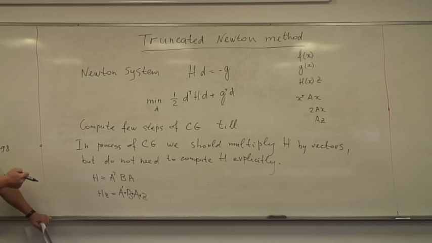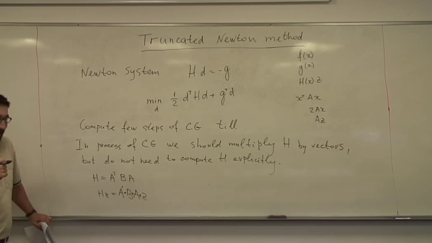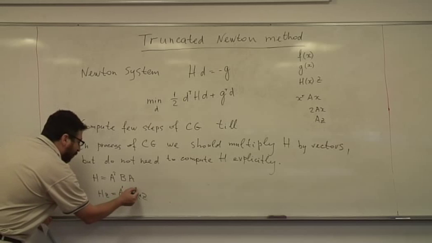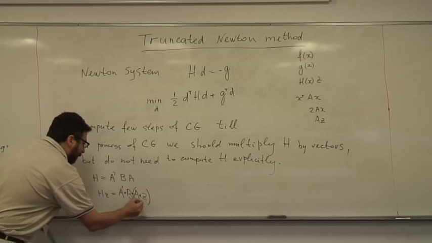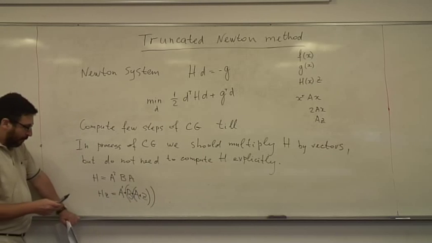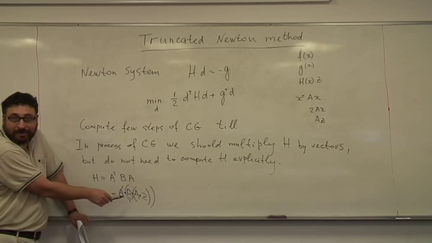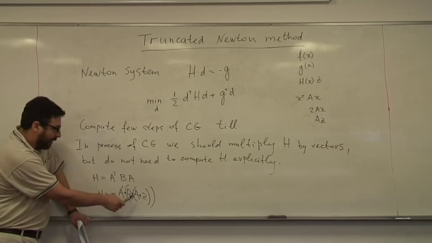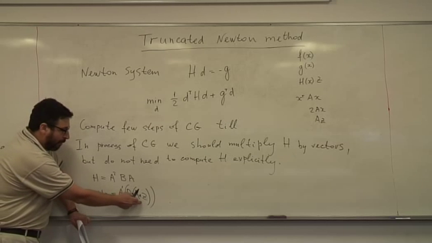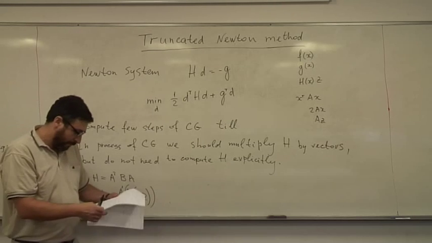Don't do it this way, because it seems that today MATLAB is not clever enough to understand this. So just put parentheses in the right way. Now I know that my computations are cheap, because A by z gives a vector. Then I multiply B only by a vector, and then I multiply A prime only by a vector.